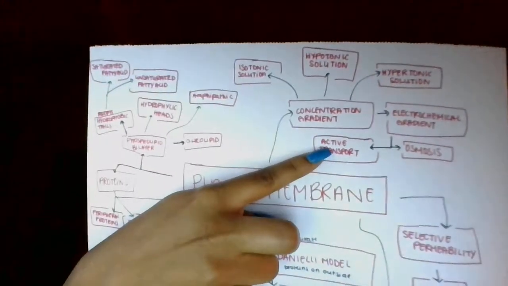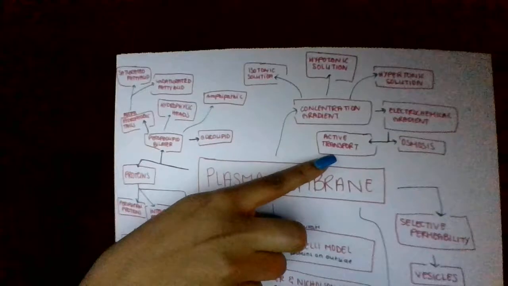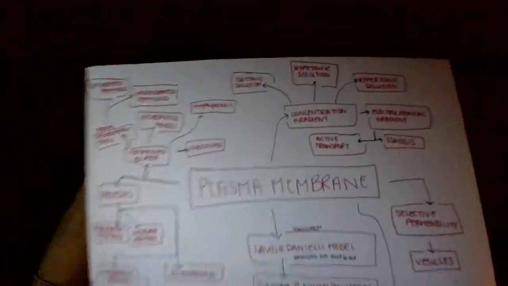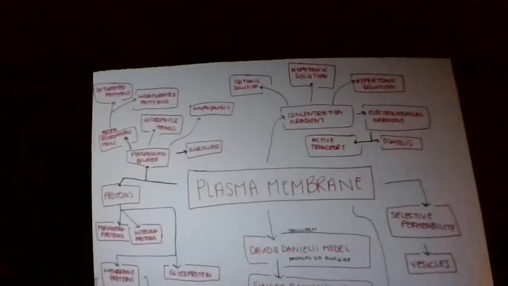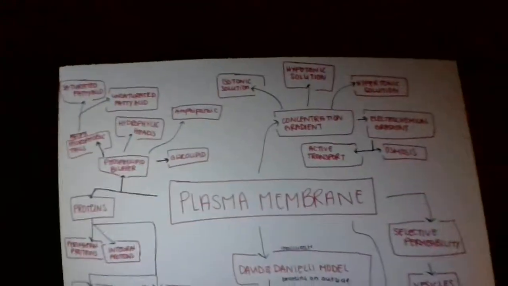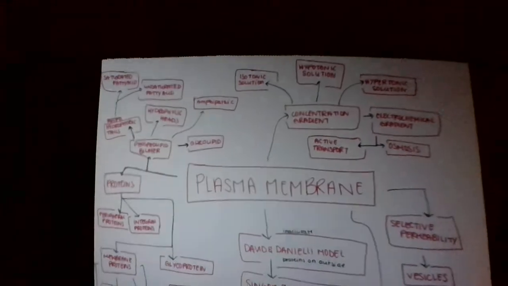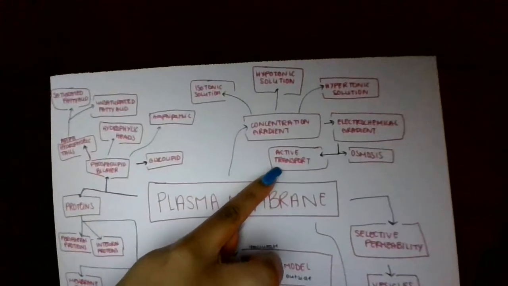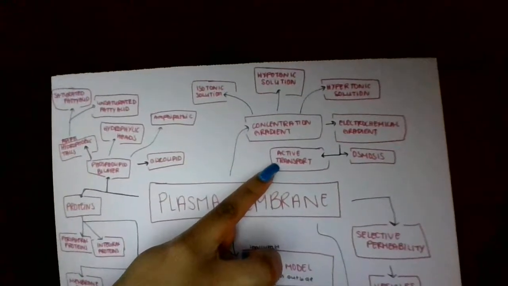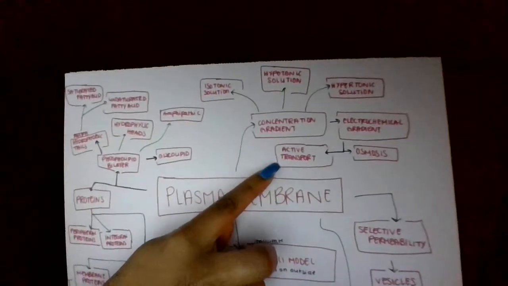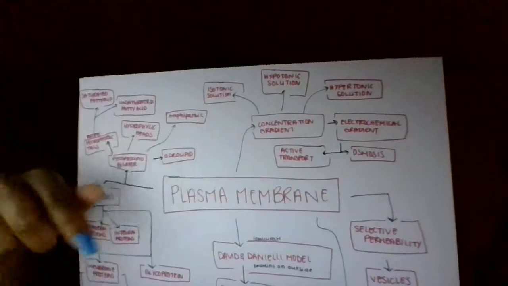Osmosis is when materials pass through a semi-permeable layer from an area of low concentration to an area of high concentration. They also do this through active transport, and this is when enzymes move materials from areas of high concentration to areas of low concentration.